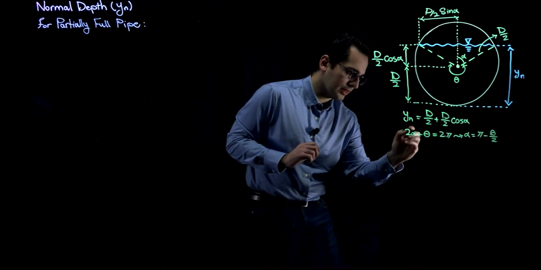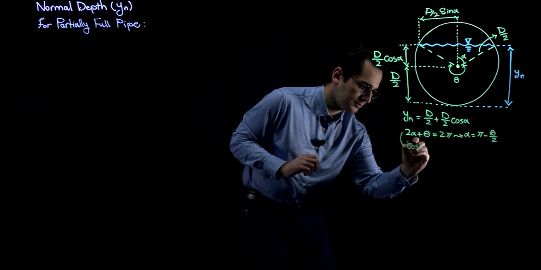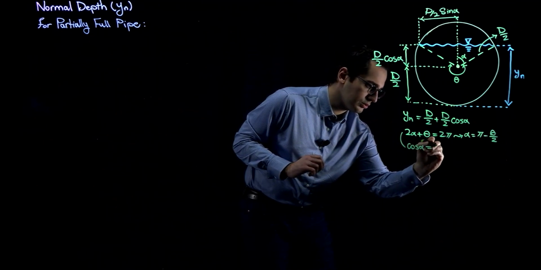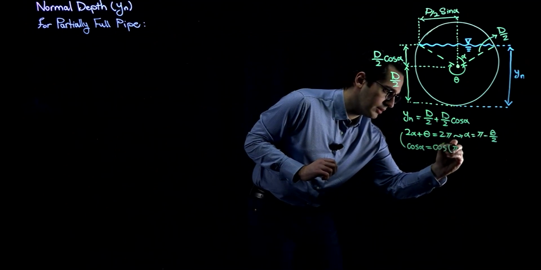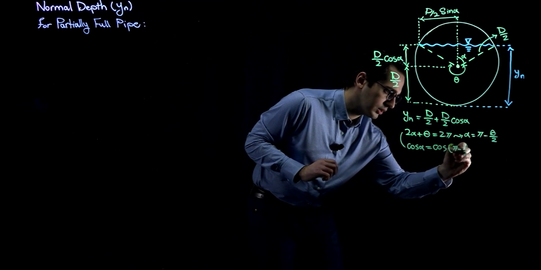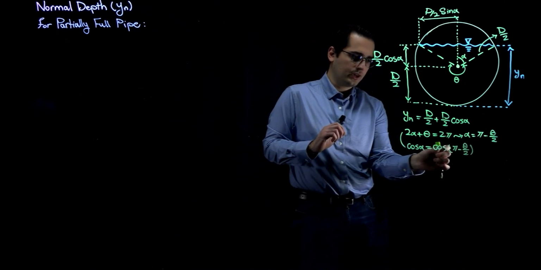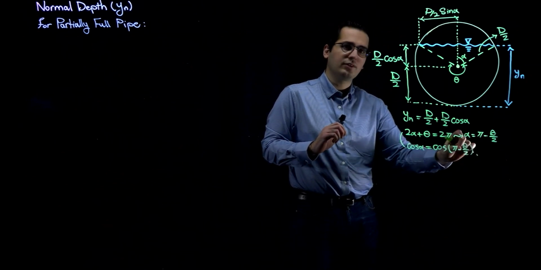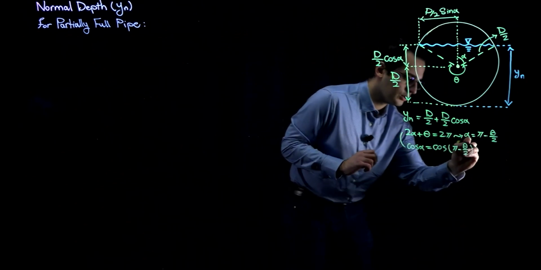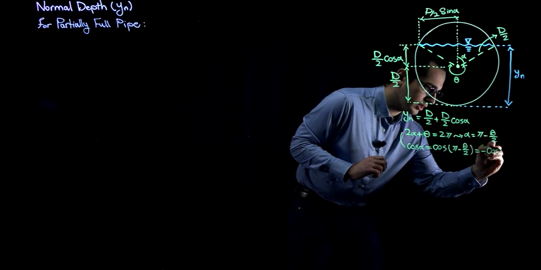But before that, I'm going to show you that I know that cosine of alpha is equal to cosine of this term, which is pi minus theta divided by 2. From trigonometry, you remember that cosine of pi minus whatever is negative cosine of that angle. So this is going to be equal to negative cosine of theta divided by 2.